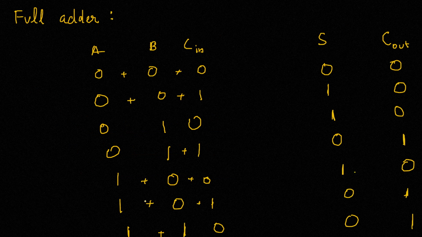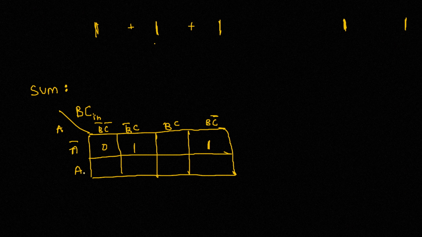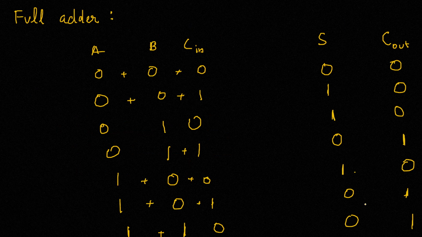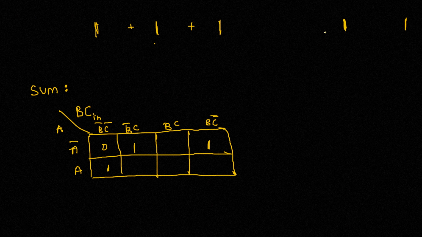Then the next one is for A, B complement, C complement. So A, B complement, C complement is again 1. And then the next one is for A, B, C, which is here. And the others are 0. So this configuration is called the chessboard configuration, where you have alternate zeros and ones.